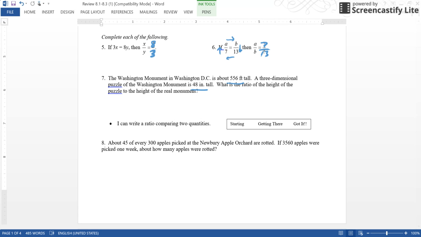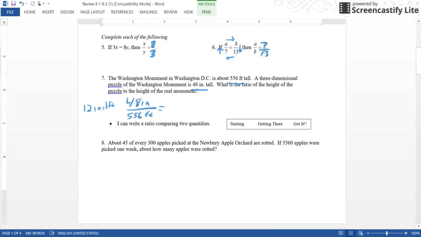So I'm going to say it's 48 inches over 556 feet. But I have to have these same units. So inches and feet, I'm going to change this to inches. There's 12 inches, 12 inches equals 1 foot.